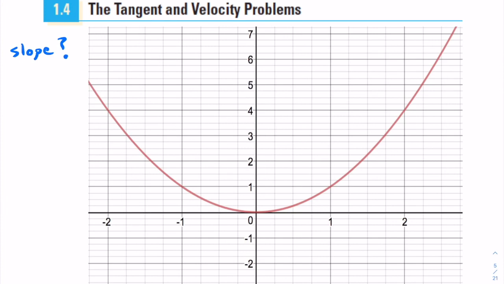So some people might say, well, you know what? Well, I'll pick these 2 points. Okay, so that right there, that looks like I'm rising 1 and running 1. So the slope must be 1 over 1, which is 1, right? Okay. But here's the thing.